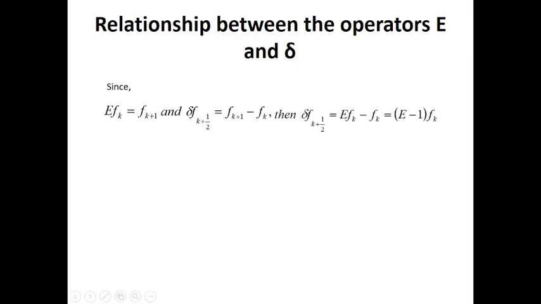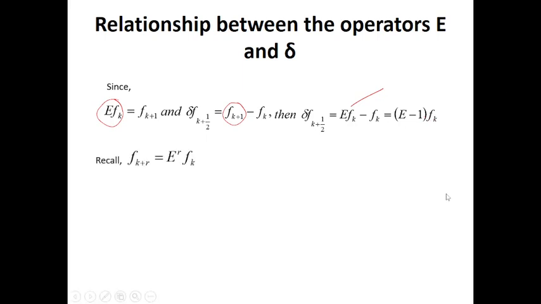Then delta f sub k plus 1 half equals, so palitan lang natin, yung f sub k plus 1, palitan natin ng E f sub k, tapos minus f sub k. So, we can factor out f sub k. So we have (E minus 1) f sub k.